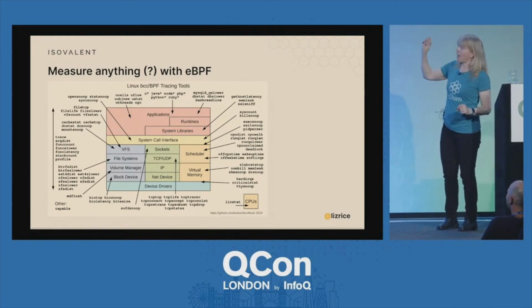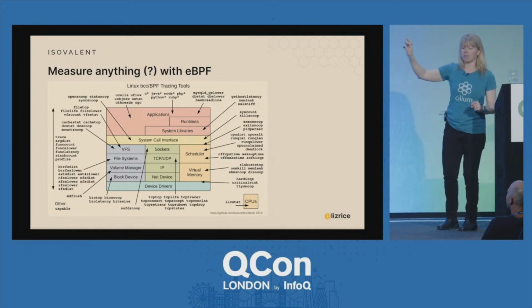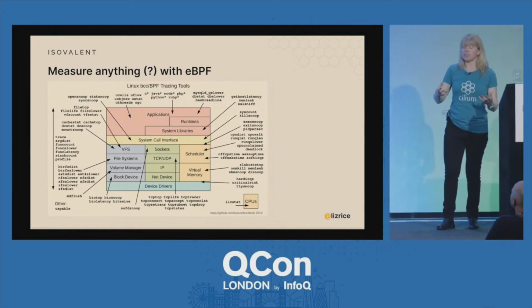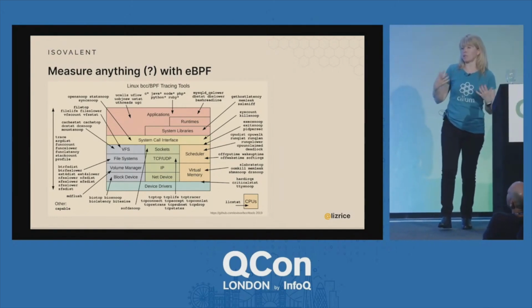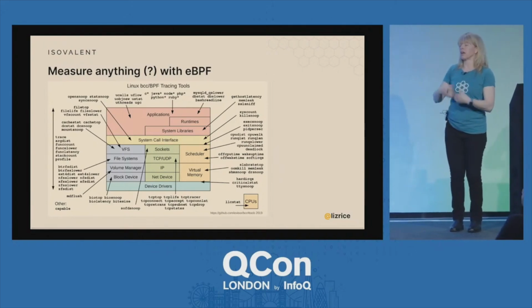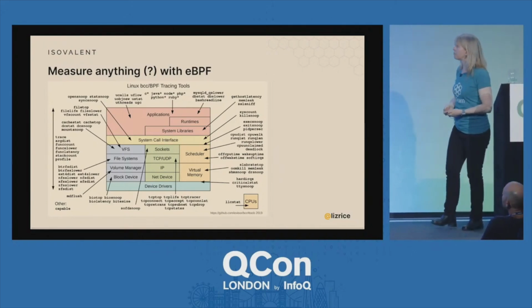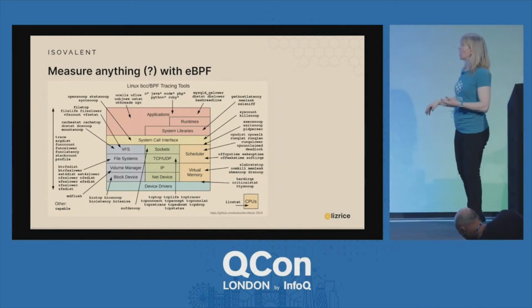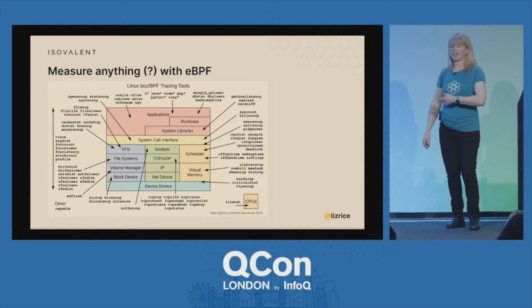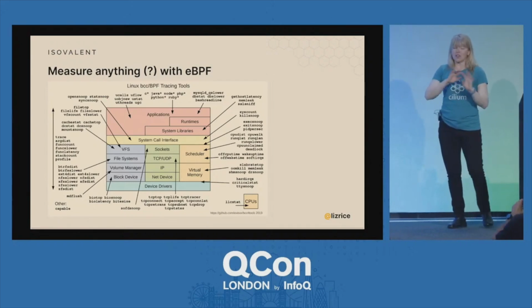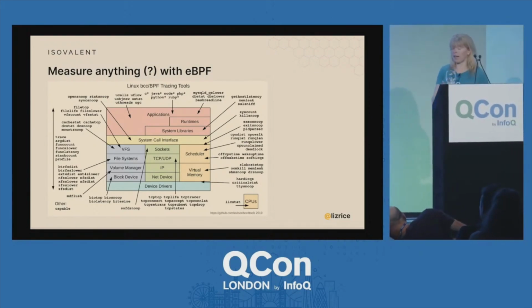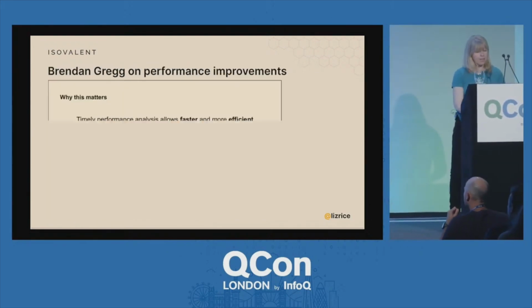The point is that for every part of the system, there are performance measurement tools in the BCC project that you can use to measure performance and potentially spot bottlenecks and performance issues. So whether we're talking about the way the file system's working, the way our applications are working, you name it, there is a performance measurement tool written in eBPF to allow you to measure it.